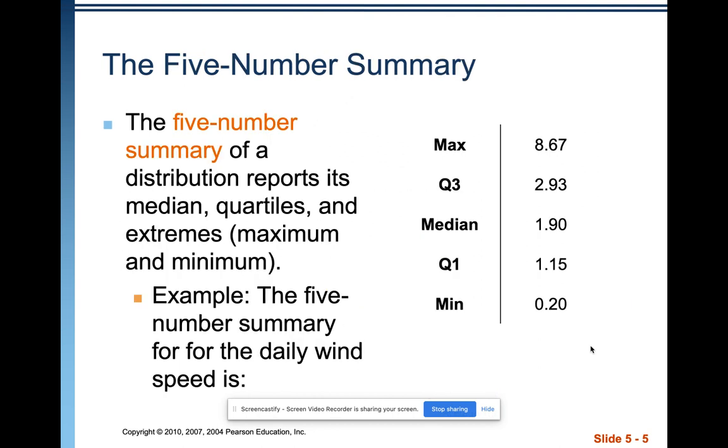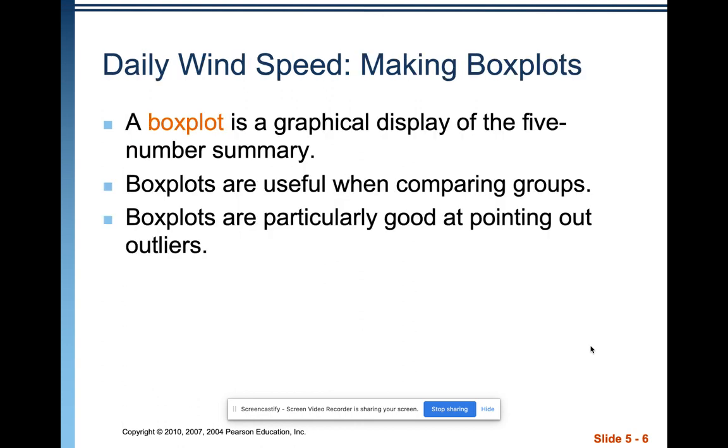So the 5-number summary gives us some specific values that we've already gone over. Another way to display this data, any quantitative data, is with a box plot. And it is a graphical display of the 5-number summary.